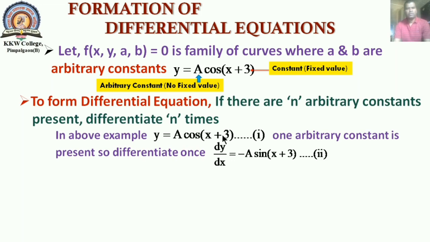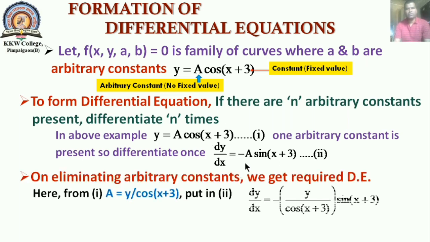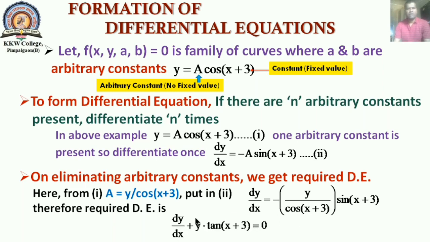Therefore we use equation 1. Find the value of a, which is y/(cos x + 3), and put it in 2. We get dy/dx = −y/(cos x + 3) · (sin x + 3). Sin upon cos is tan. Therefore dy/dx = −y tan x + 3. Therefore the differential equation is dy/dx + y tan x.